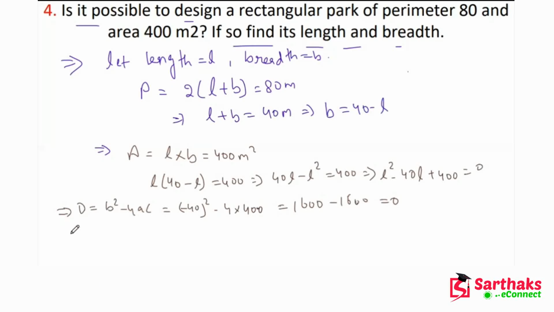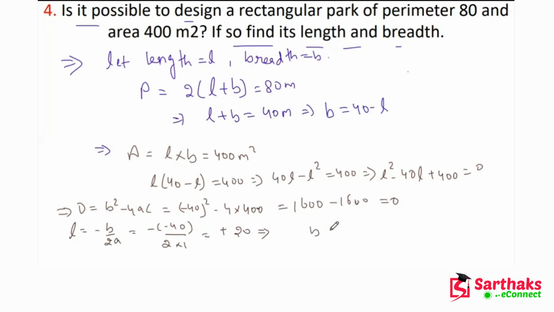The root of the equation is L equals minus B upon twice of A. So we get minus of minus 40 divided by 2 into A, where A is 1. So we get plus 20. The value of L is 20. Now what is the value of B?